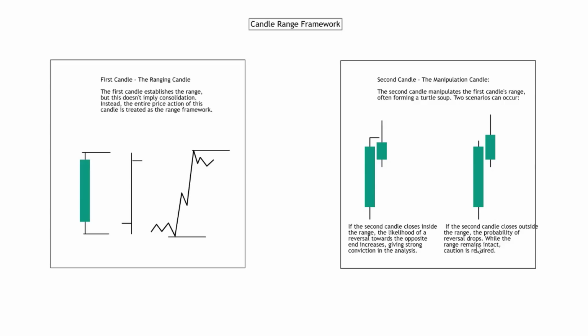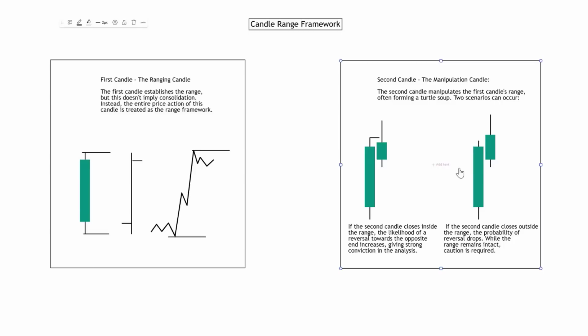Now, this is the second scenario we have right here. If the second candle closes outside the range, okay? In this case, if the second candle is not able to close inside the range, but it closed outside the range, the probability of reversal drops while the range remains intact. Caution is required.